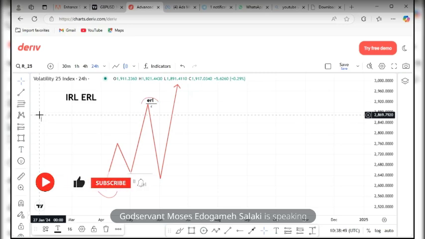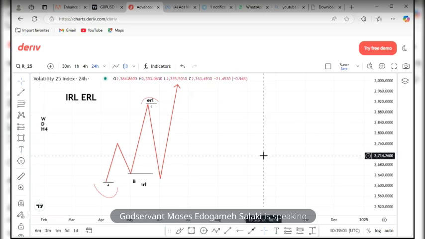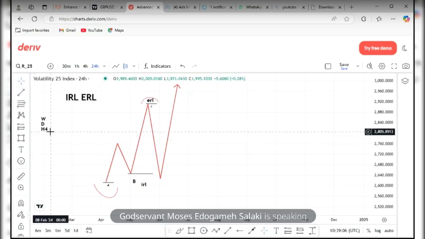for instance, the first thing I want to look at, I want to see this formation on my daily and 4 hours for entry. So if I have a weekly zone, I want to look at this formation majorly on my 4 hours. Yeah, I'll check out daily, but majorly I want to look at 4 hours.